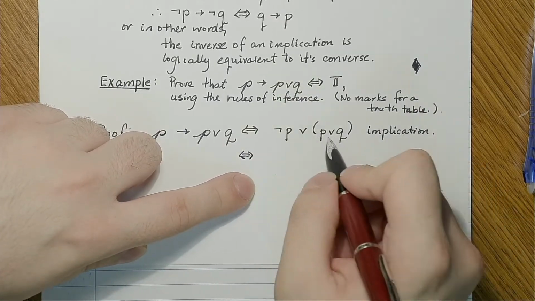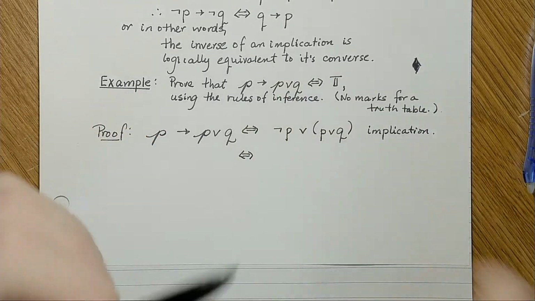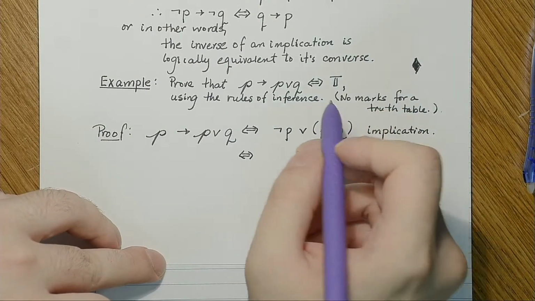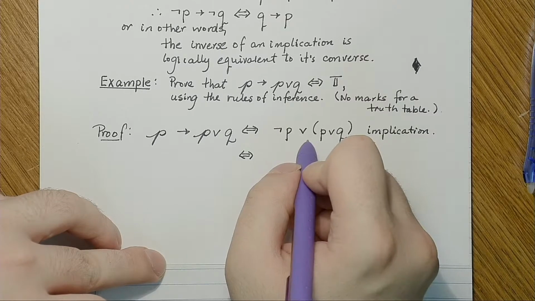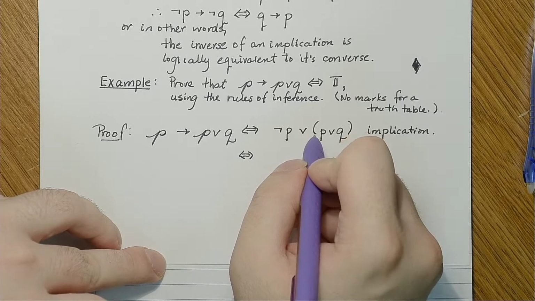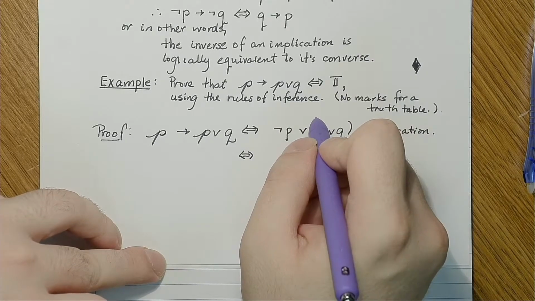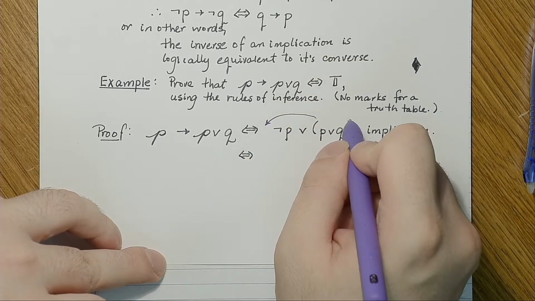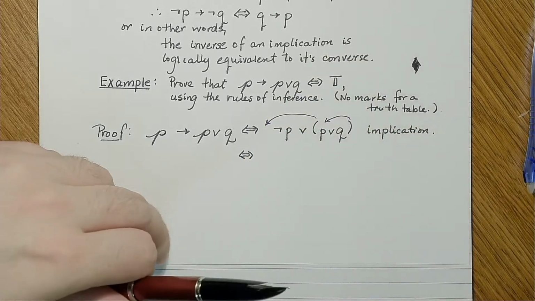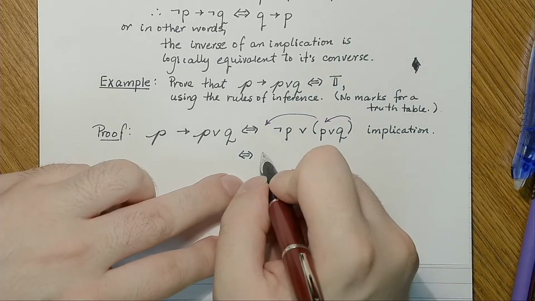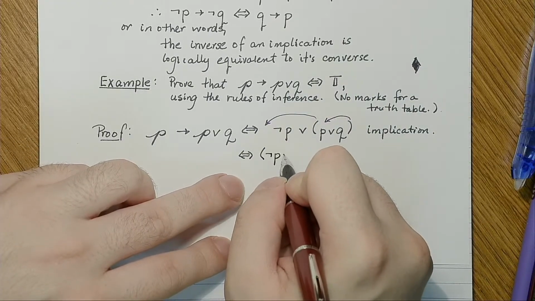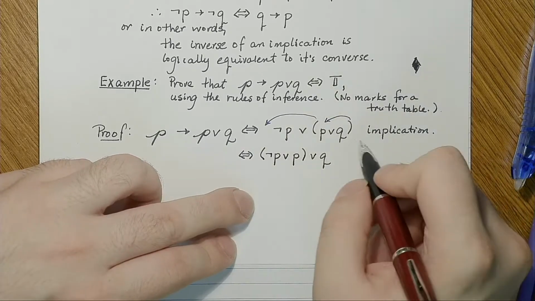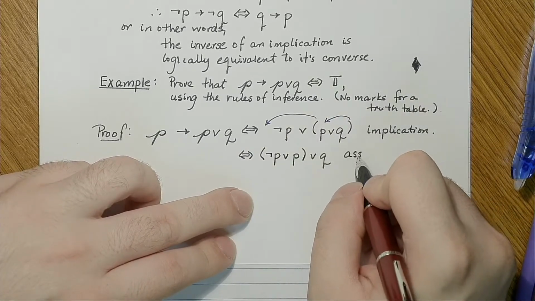The next thing I can do is I can move the brackets. So I'll go here, and this will go here. So just moving the brackets, I get not P or Q. This is just by associativity.